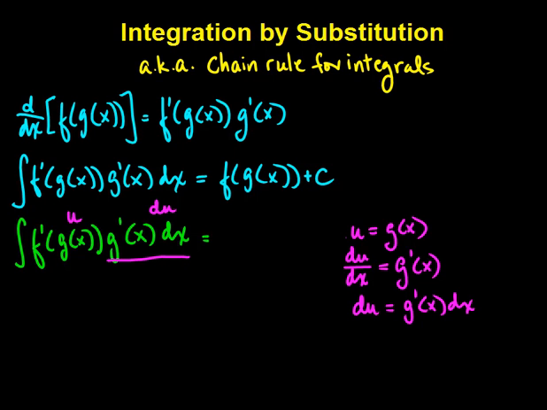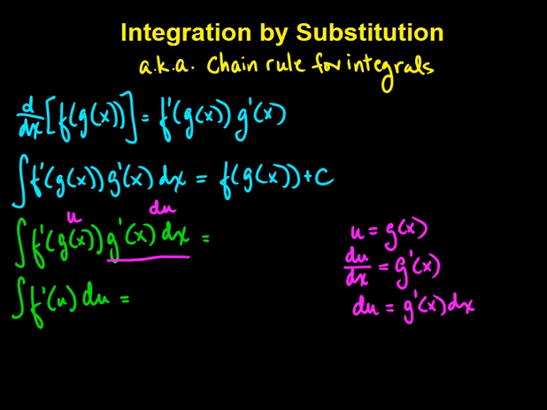Now we have swapped out anything to do with the variable x, and we have rewritten this integral in terms of u. And in so doing, we have simplified this integral to a great extent.